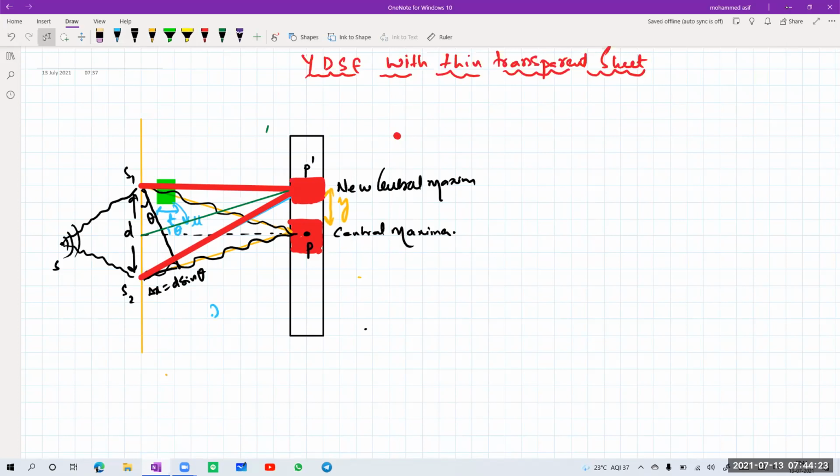This distance is capital D, this distance is small d, and this is the path difference, which is d sine theta.